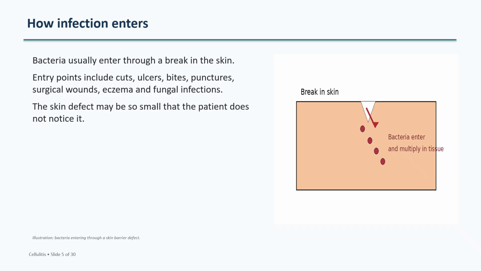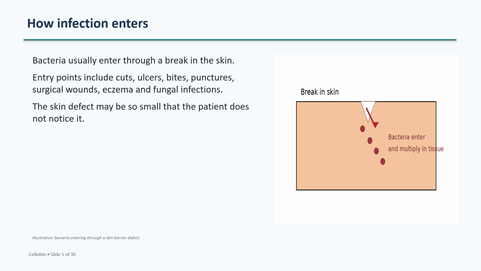If the patient scratches their skin or has an itching sensation, that can also break the skin and make it prone to bacterial entry into the deeper layers of the skin. The entry points include cuts, ulcers, bites, punctures, sometimes surgical wounds, and also eczema and fungal infection.